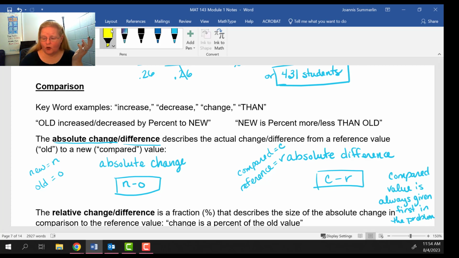It is always given first in the problem. Always, always, always given first in the problem.